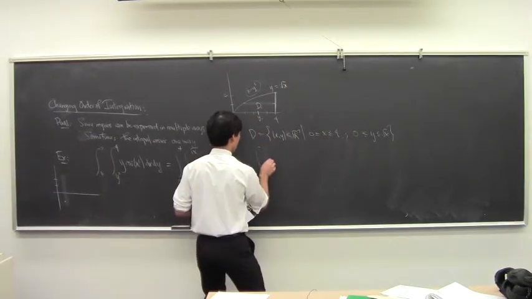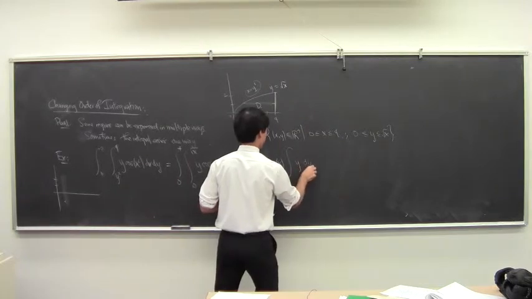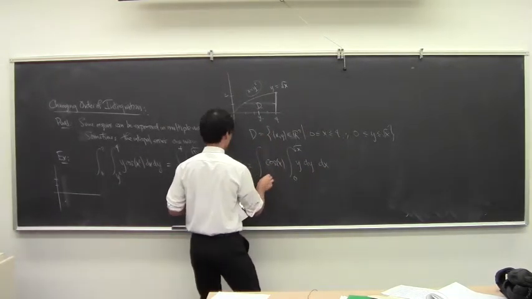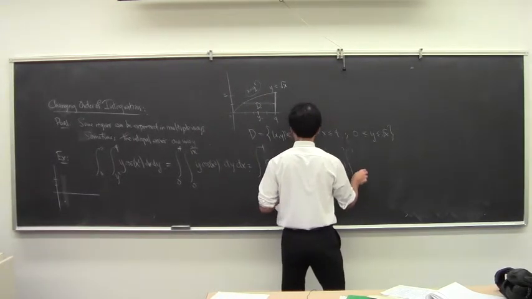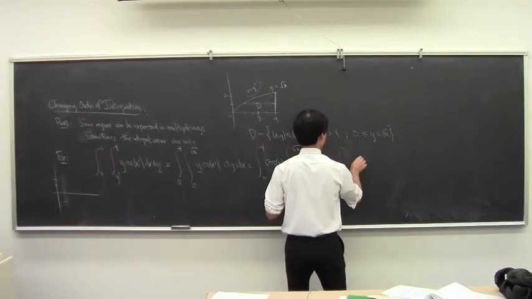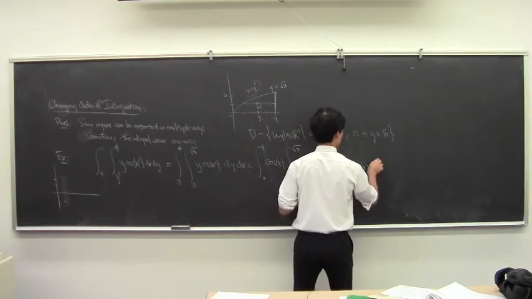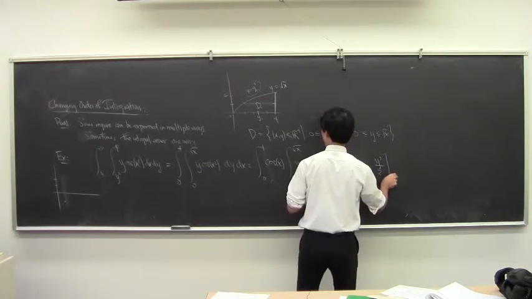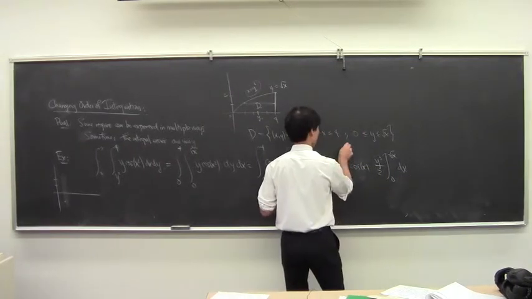So we get the integral of cosine x squared, the integral of y dy from 0 to root x, dx from 0 to 4. Then we end up with cosine x squared times y squared over 2, between 0 and root x, dx from 0 to 4.